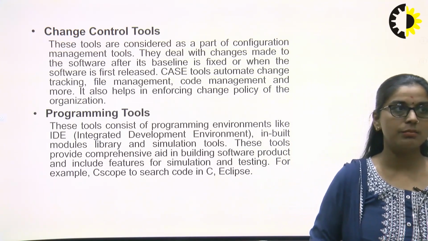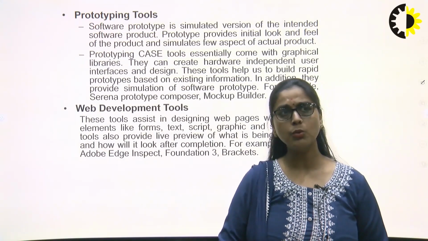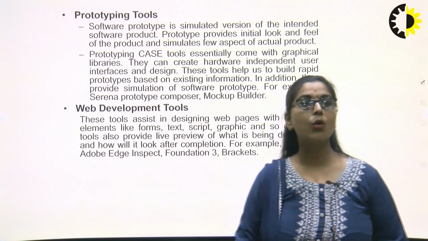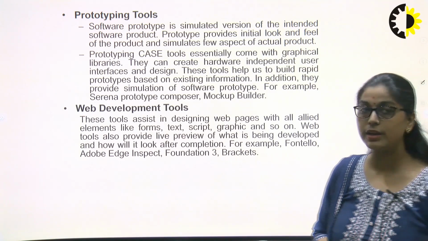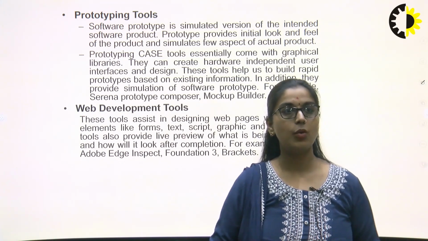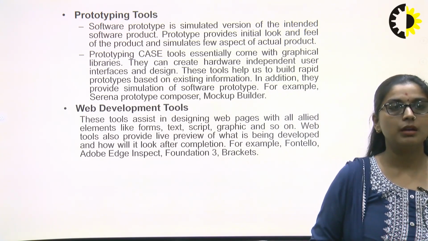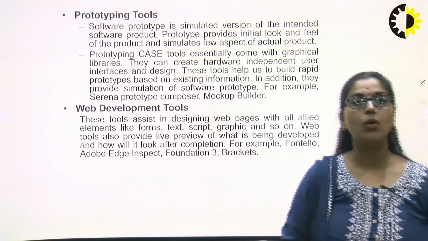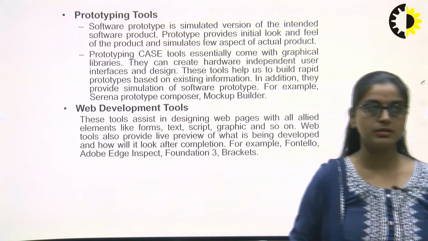An IDE is there, inbuilt module library and simulation tools are there. Some prototyping tools like Mockup Builder for designing a prototype for our software very quickly and easily. And web development tools, Foundation, Brackets, basically provide an environment in which already added elements like forms, text, script and graphics are available.